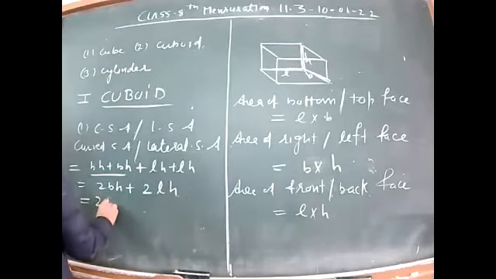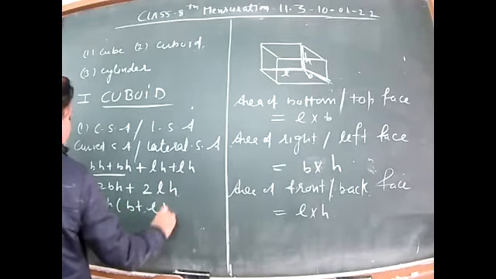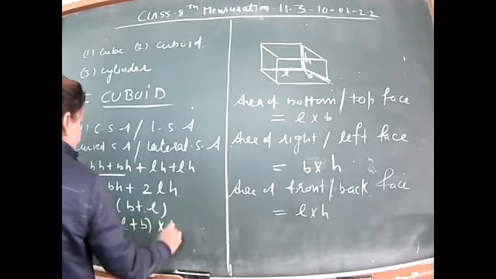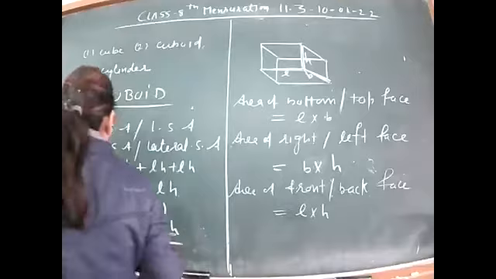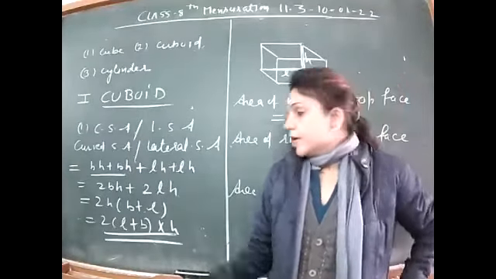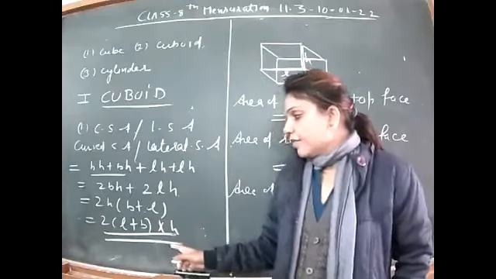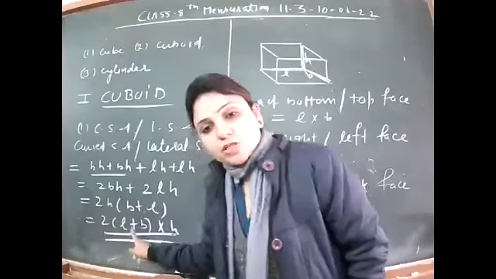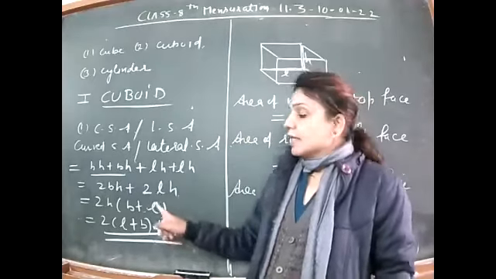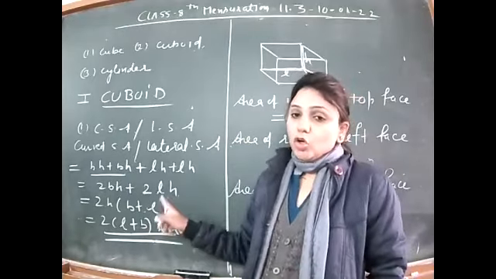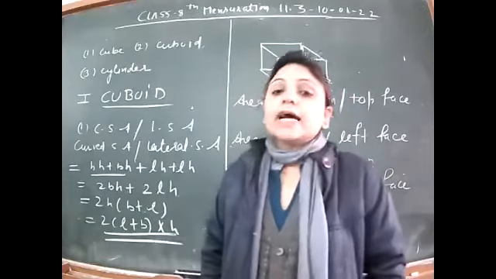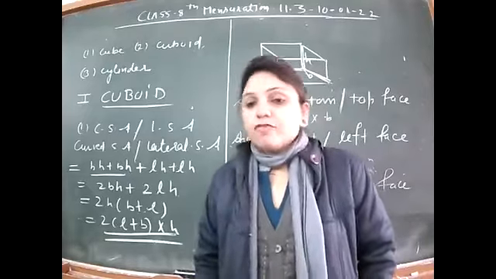यहाँ से 2H कॉमन अंदर आया B प्लस L, और हम इसको ऐसे याद रखते हैं 2 into L plus B multiplied by H. So as far as the curved surface area of cuboid is concerned, you will be having 2 into length plus breadth multiplied by height, and it is very much obvious that this area, it is including only the area of 4 faces of cuboid, that is right, left, front and back.